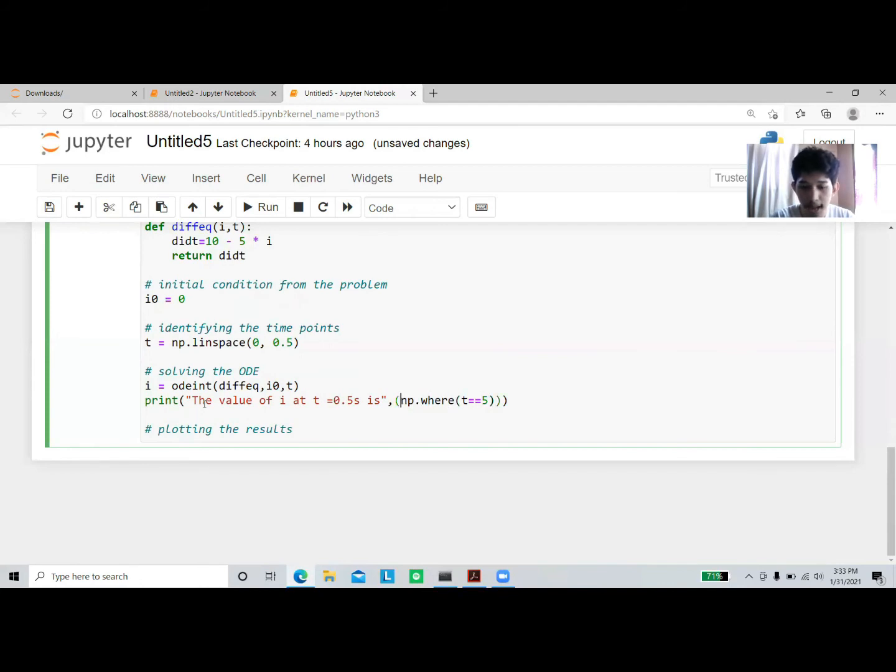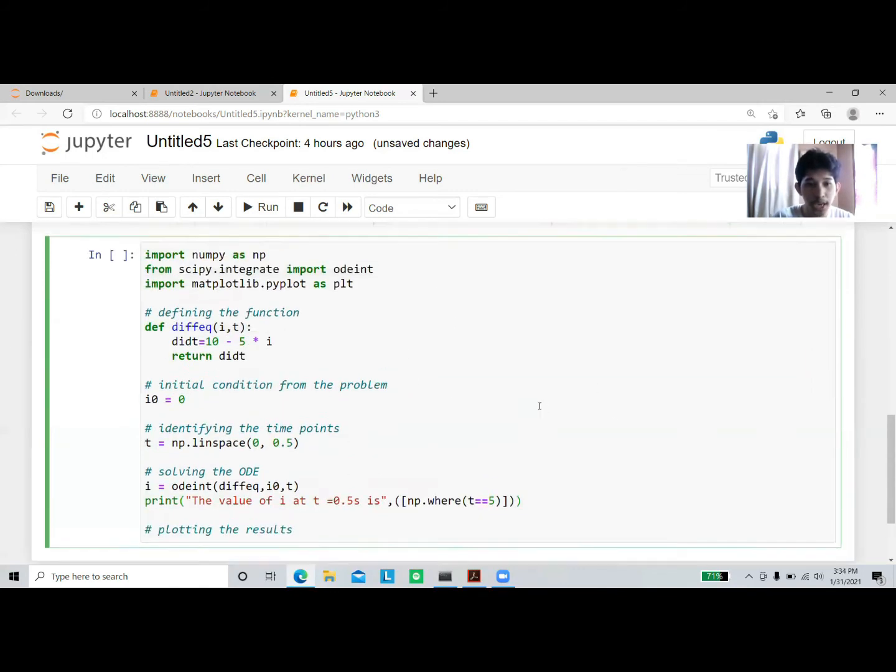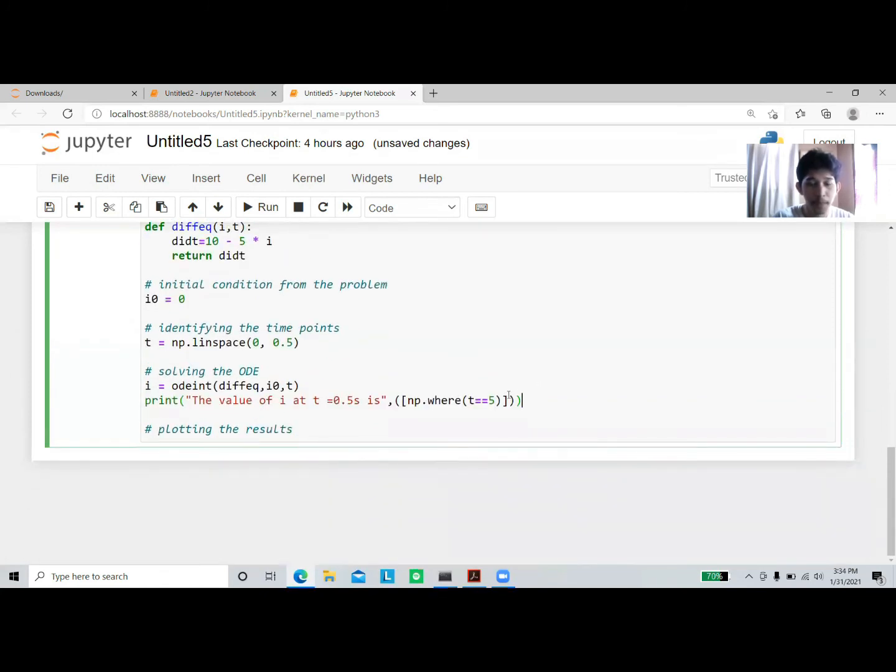We need to add some square brackets. Before we plot this equation, we just need to check first if the code that we made will yield the correct answer.